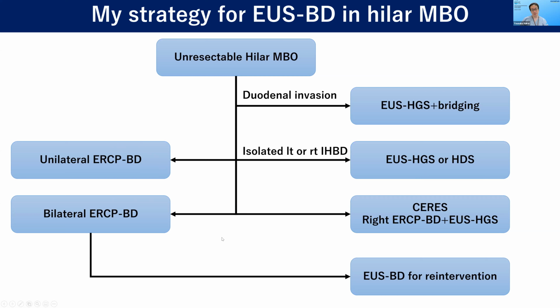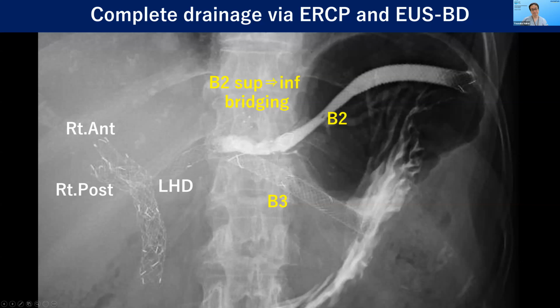And if it's a high-grade malignant biliary obstruction, we try ERCP first. And if we fail, we can combine with EUS-guided hepaticogastrostomy. And after bilateral stenting, if the stent is occluded, we prefer EUS-BD for re-intervention recently.